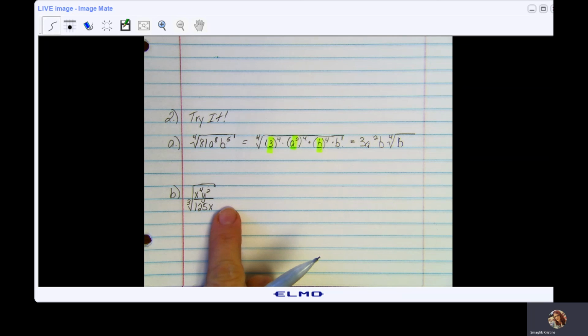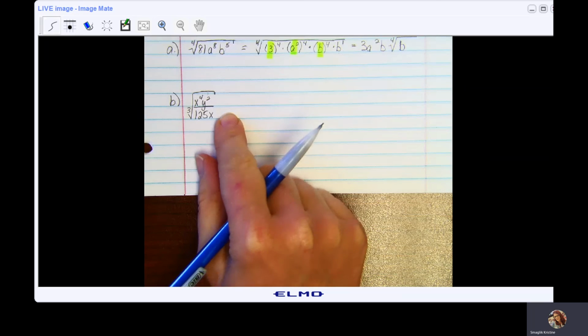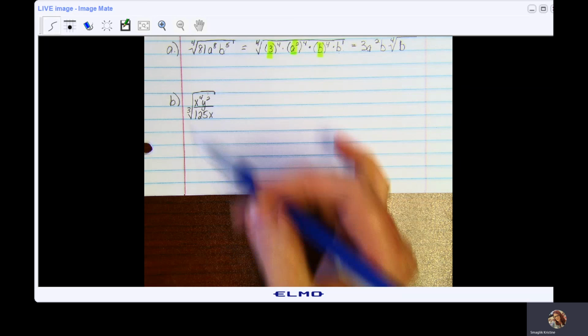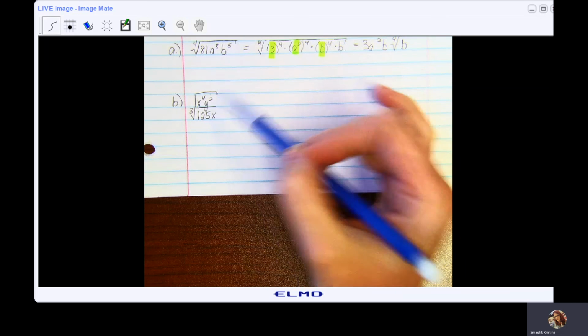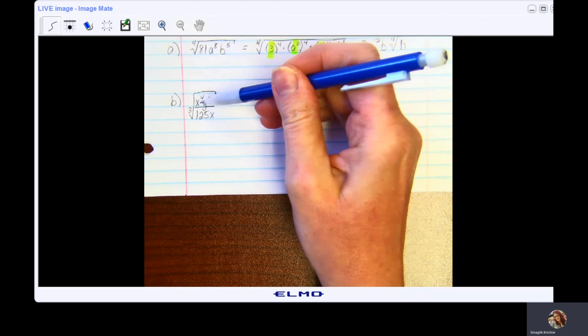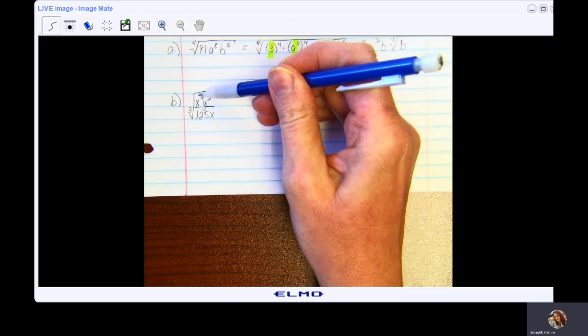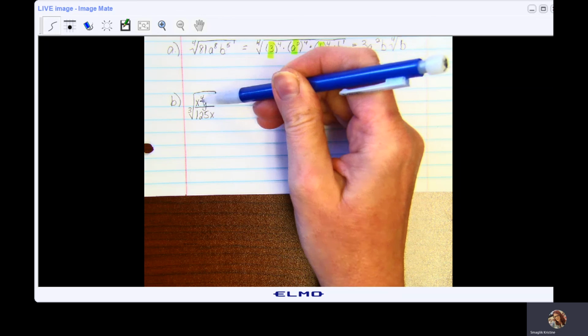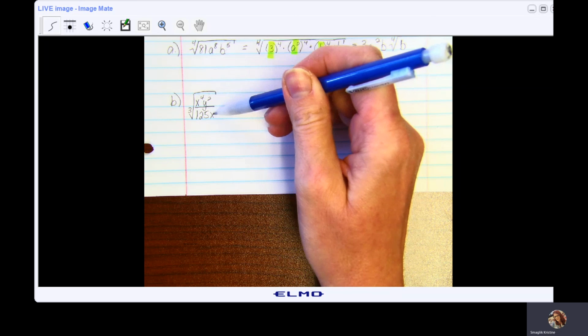Now on b, there's multiple ways to approach this one. I'm going to try to go the shortest route possible. So when I look at this, already I see I have an x to the 4th here divided by x. Properties of exponents say that if you're dividing same base, you subtract the exponents.